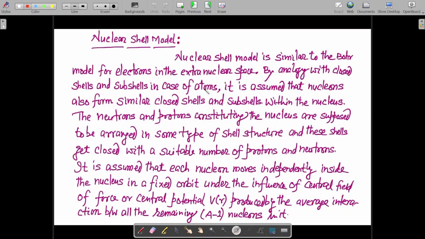The way we had noble gas atoms, similarly we have an extra stable nucleus over here. Please do not get confused between the stability of the nucleus and the stability of the atom. Stability of the nucleus is determined by how nucleons are being filled inside the nucleus.